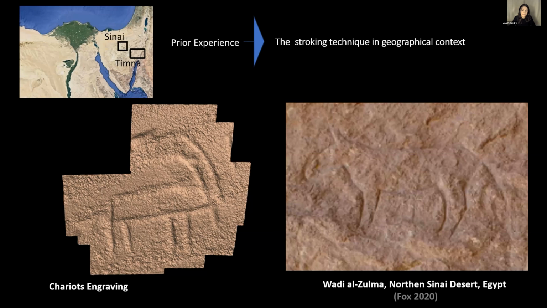This we can find in engravings found in Sinai patina-free areas, like in the example here from northern Sinai. We are basing this on other researchers' photographed reports, so the quality of the photographed images is low compared to the 3D scan models on the left. I'm sorry about that. I hope you're still able to see.